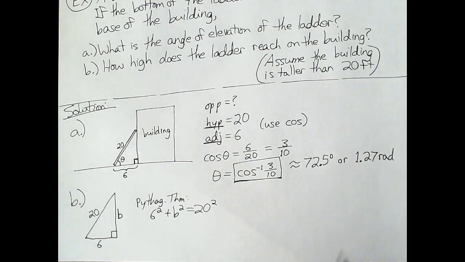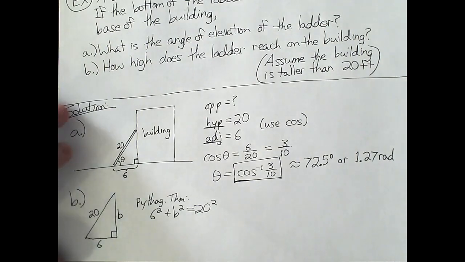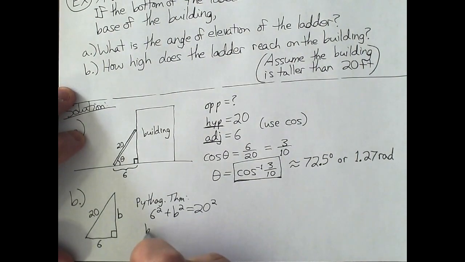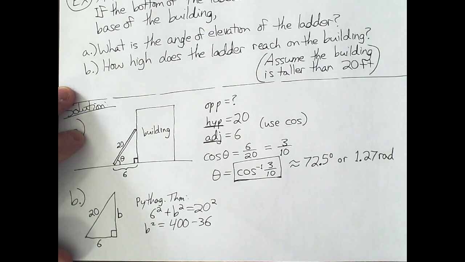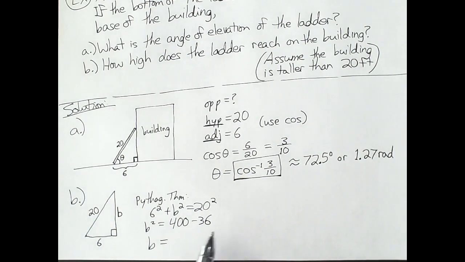And at the final answer, I'm going to write feet, because this is supposed to be measured in feet. All right, B squared is 400 minus 36. So I did 20 squared and 6 squared. When I subtract these, 400 minus 36 is 364, okay?